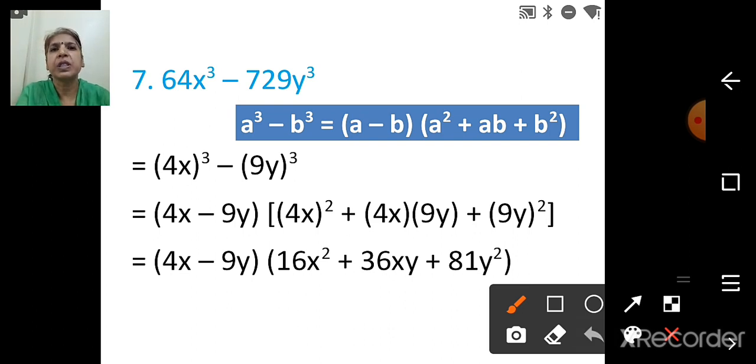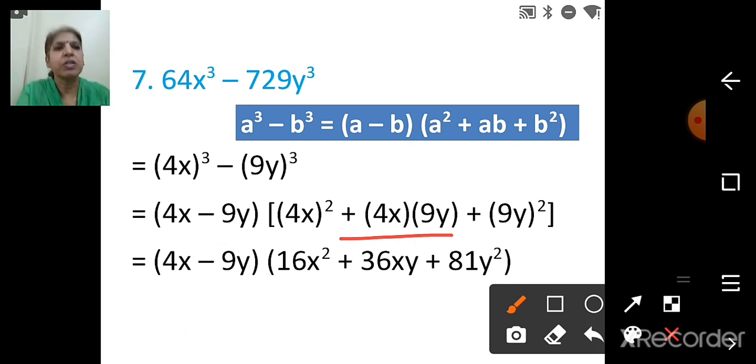Our first term is 4x, our second term is 9y, and we will substitute them in the formula a minus b. So our first factor is 4x minus 9y the whole bracket multiply with, now next one, a square, 4x the whole square plus 4x multiply with 9y.